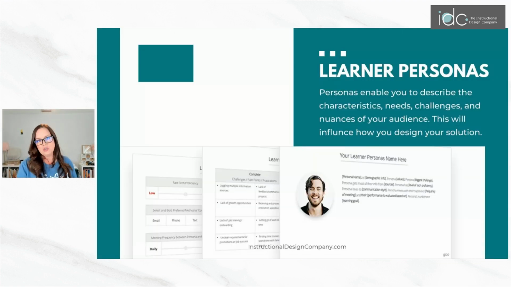Now, in addition to doing the needs analysis, we really need to understand who our audience is for this learning solution, right? So if it's sales representatives and I need to increase their sales, well, I need to know that they're in sales. It would be helpful for me to know how long they've been in sales. It would be helpful for me to understand what are their challenges.